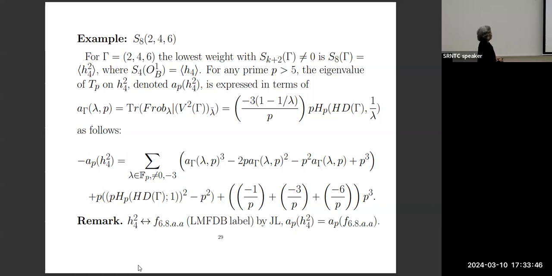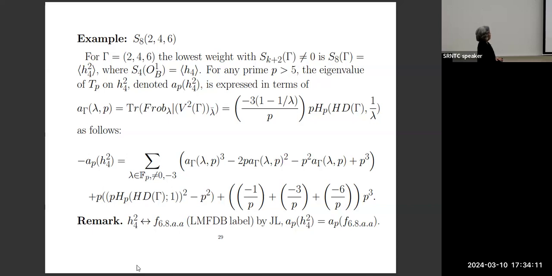So in this case, the Frobenius trace, the Hecke trace, is the same as the Hecke eigenvalue for the form. And that is expressed in terms of the quantity we call A lambda P, and A lambda P is expressed exactly using the hypergeometric character sum.